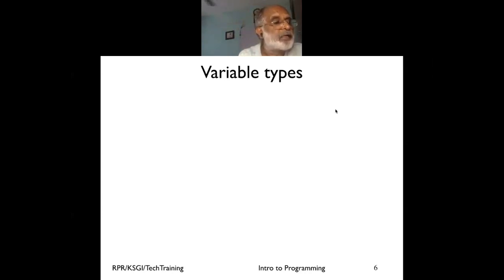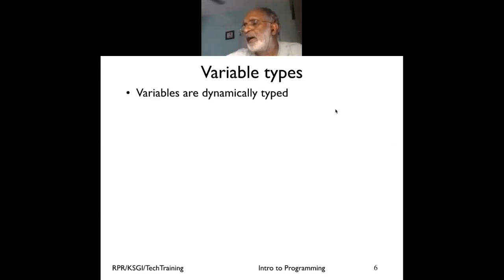So one is the decimal type, which we call floating point. The other is, unlike other languages like C and Java, variables are dynamically typed. That means the type of a variable is determined at runtime. When I say x is equal to 5, it becomes an integer.